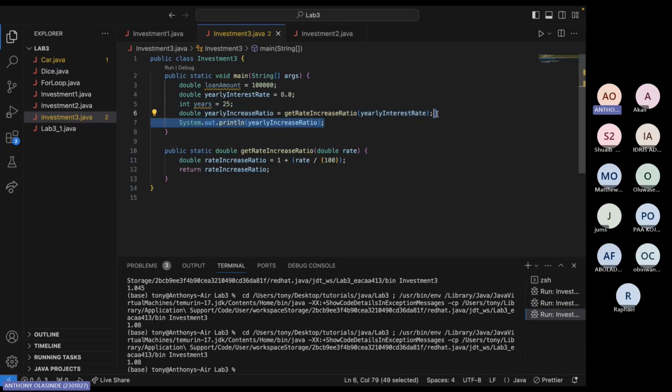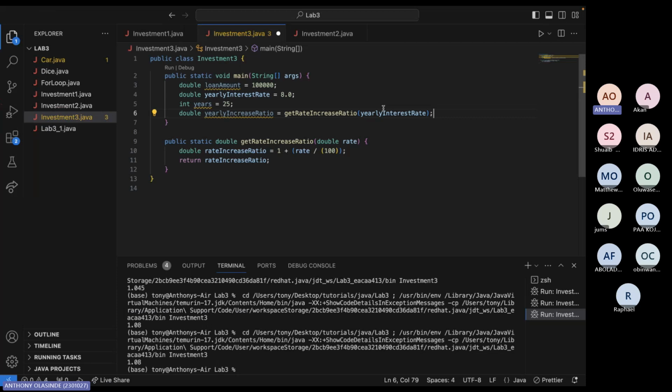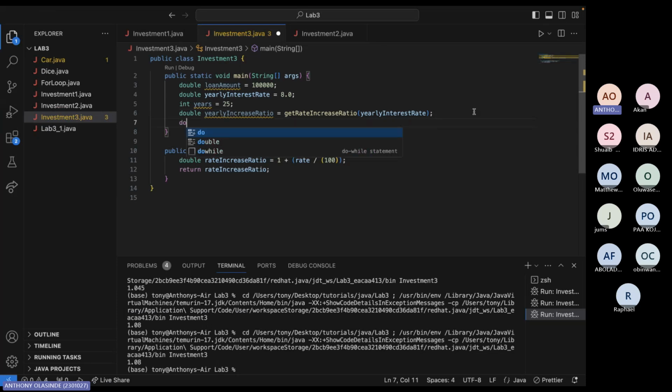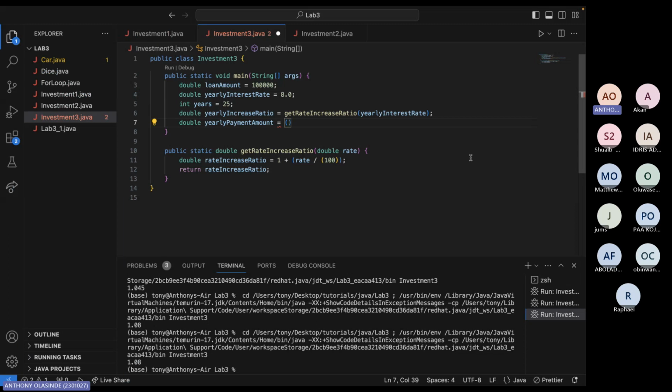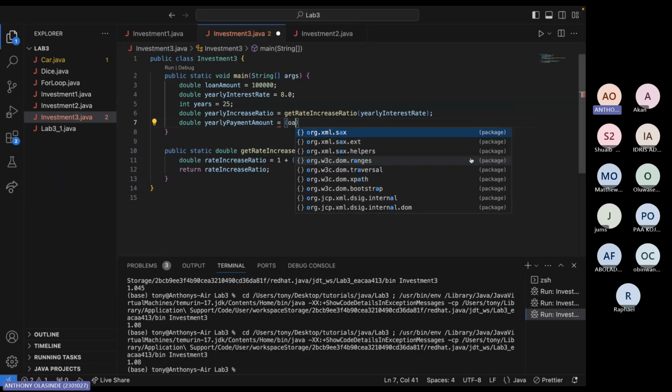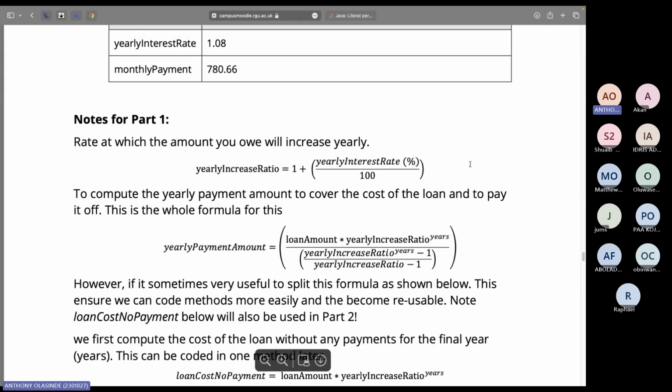So let's go to the next formula. The next formula is yearly payment amount. So let's do that. Double again, double yearly payment amount equals bracket, loan amount multiplied by, we need power here, right?